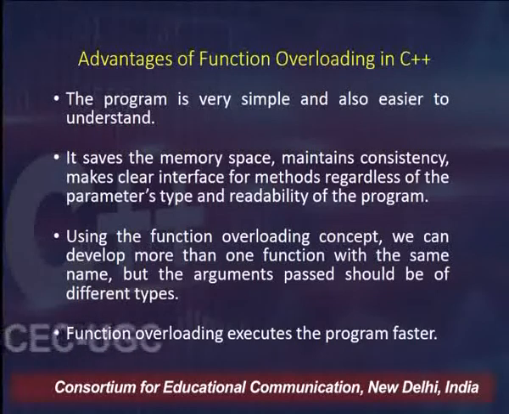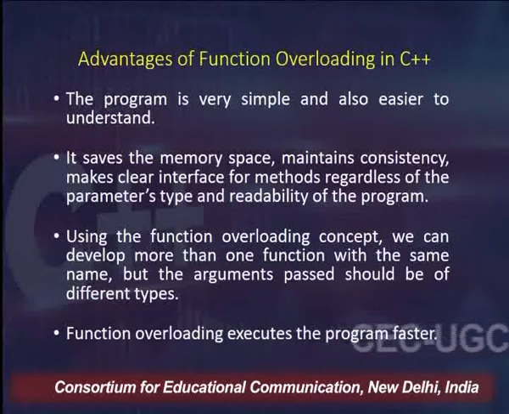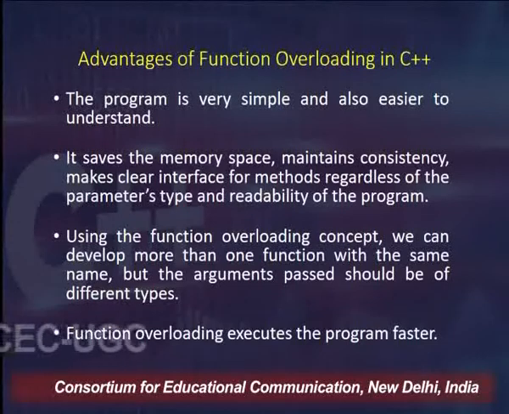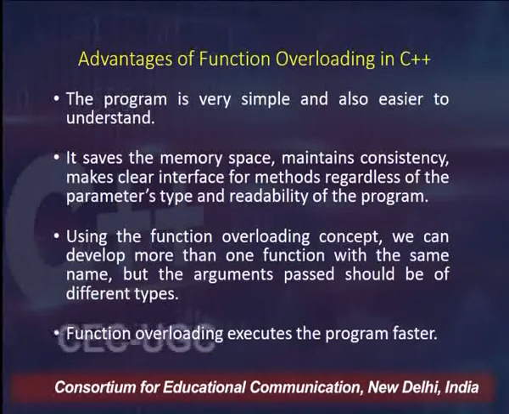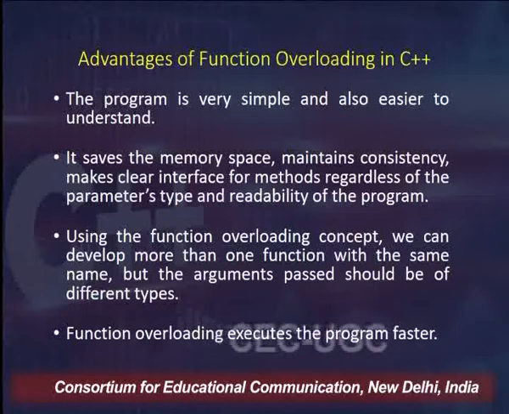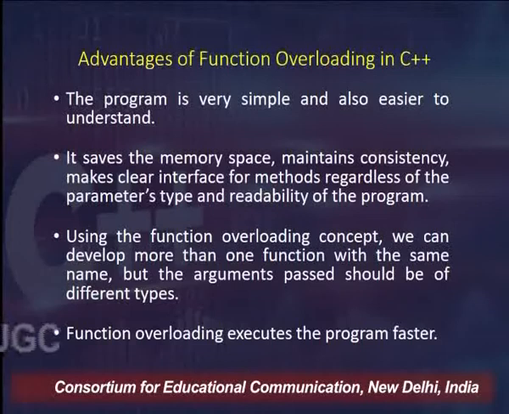Now using the function overloading concept, we can develop more than one function with the same name, but the argument part should be different. This is what we have established. And when I was telling you about the differences between compile time polymorphism and runtime polymorphism, I also mentioned this point, that function overloading executes the program faster as compared to function overriding, which is nothing but runtime polymorphism, because all the binding takes place at compile time itself.